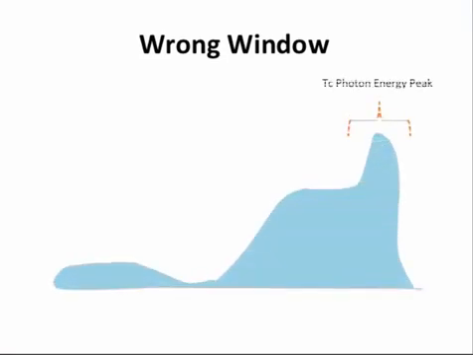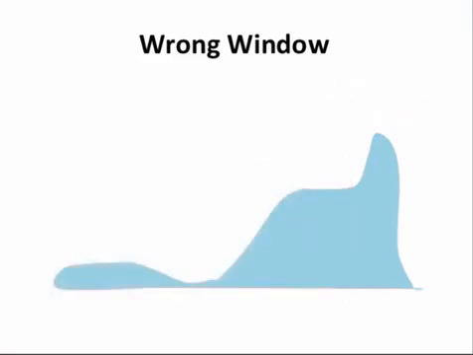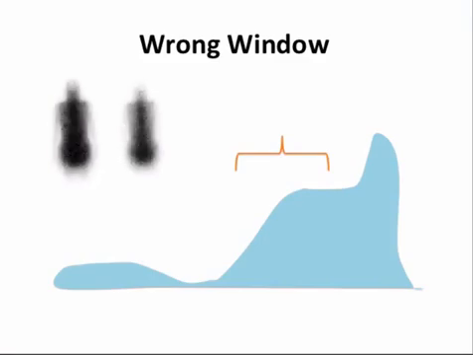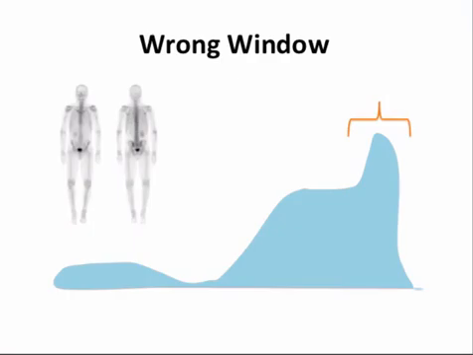So here's your tech window, here's your scatter. That's normally excluded, but if you set the wrong window, as in here, that's what you're going to get. You're just going to get a bunch of scatter. If you set the window here, then you're going to get a pretty picture.